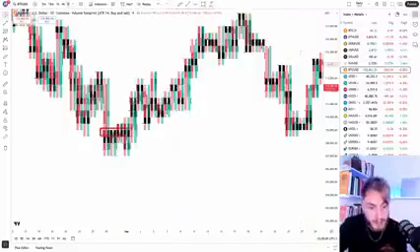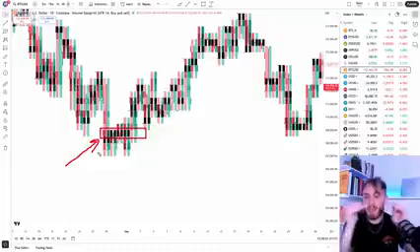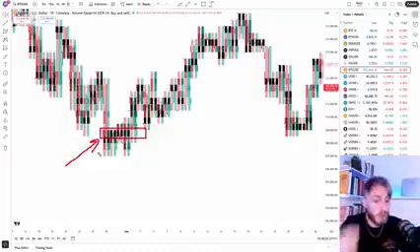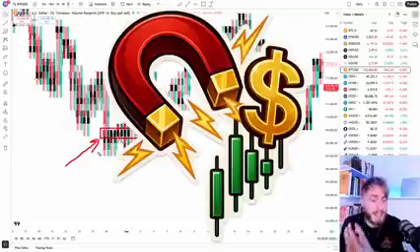For example, right here on the chart, you can see that we have multiple black bars happening at the same time. And remember that the black bars are the levels within the candles where the most volume got traded. And these levels where we have lots and lots of volume traded can often act as magnets in the future.